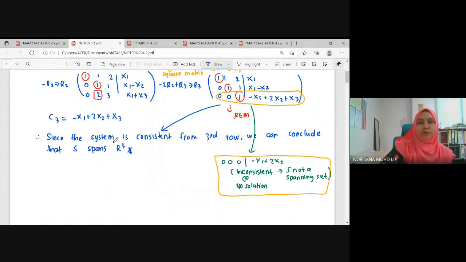Determinant method untuk proofkan spanning set ni. Ni method yang kedua. Boleh determinant, if square matrix.